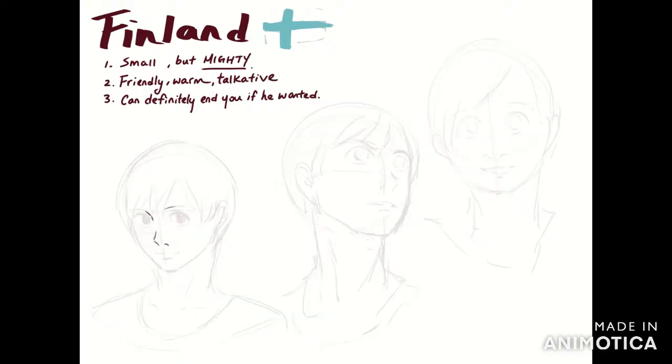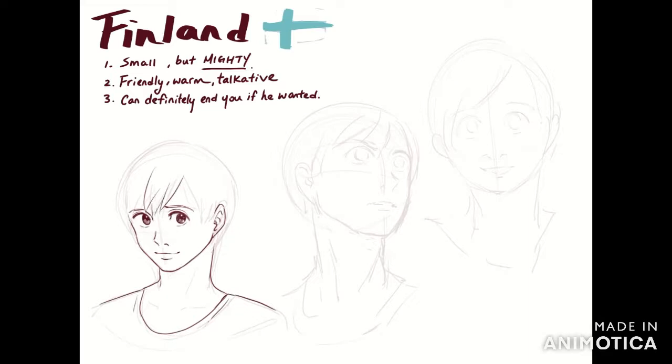But then once I became more familiar and acquainted myself with some Finnish people, I realized that the character is actually nothing like the stereotypical Finn, and nothing like the stereotypes of Finland. It's actually probably the opposite. Save for the small but mighty and can definitely end you if you wanted kind of characteristics.